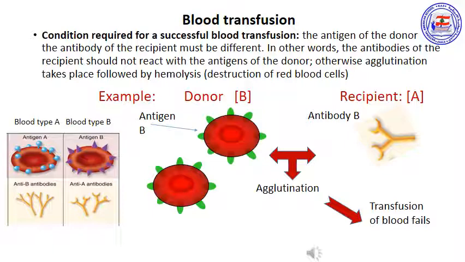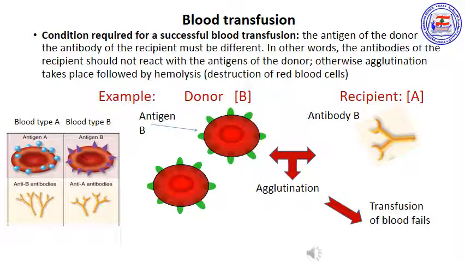He possesses antigens B. The recipient of blood group A, being a recipient, we care for what he has in his plasma. He possesses actually the antibody B. So the donor has antigen B, the recipient has antibody B, and since antigen B and antibody B are compatible and they can bind to each other, agglutination would happen and transfusion of blood fails.